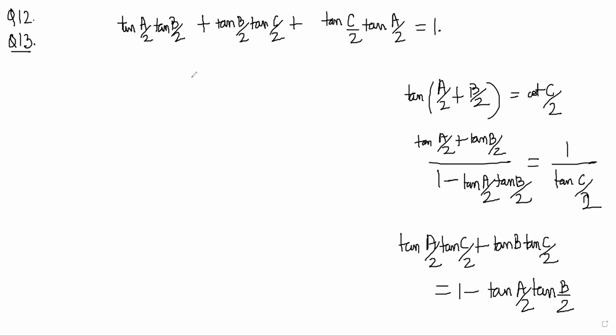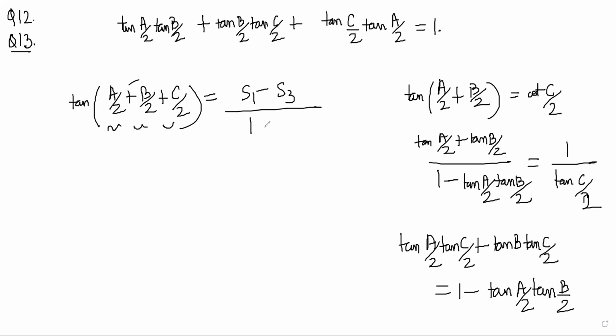Also, you could have done it like this: tan of A by 2 plus B by 2 plus C by 2. These are three angles, right? So it will be S1 minus S3 by 1 minus S2, right? Correct. But notice that this is equal to pi by 2.